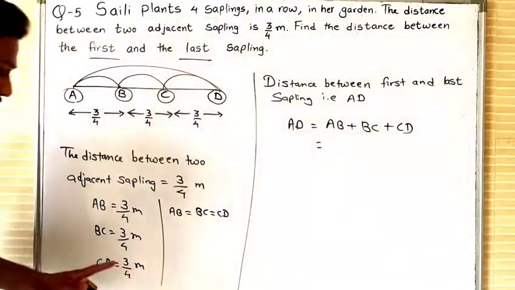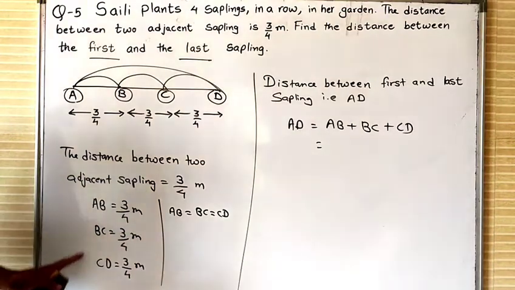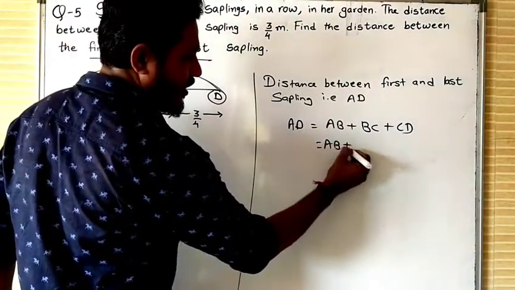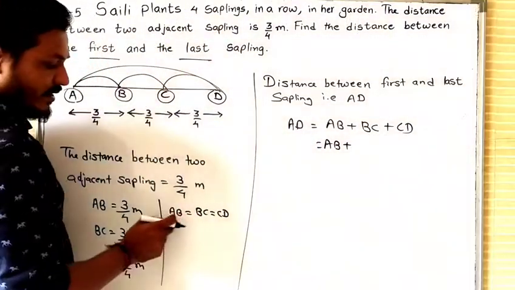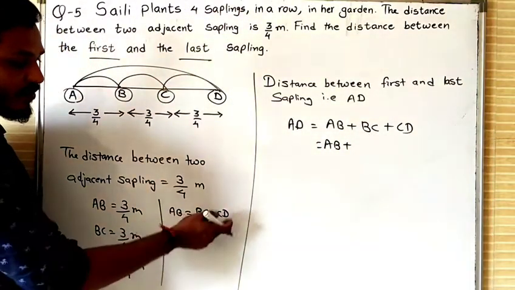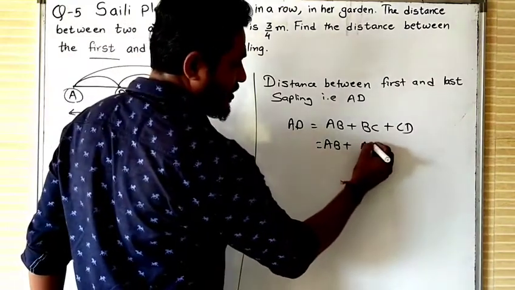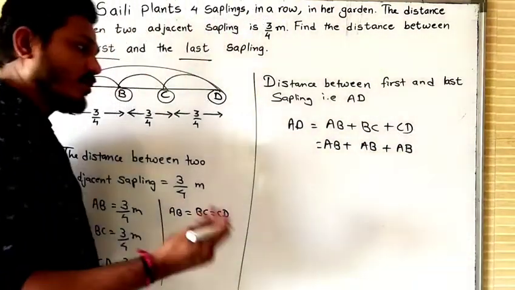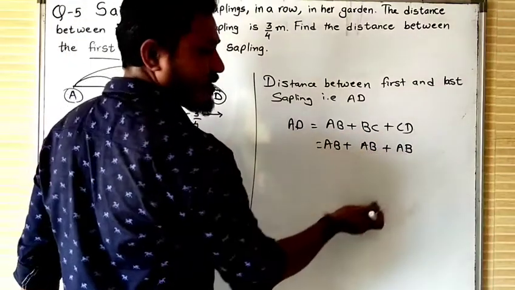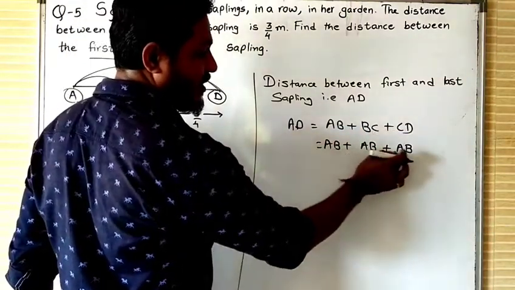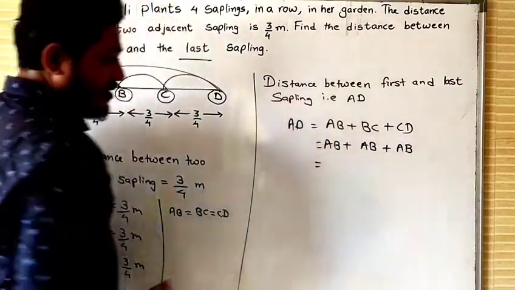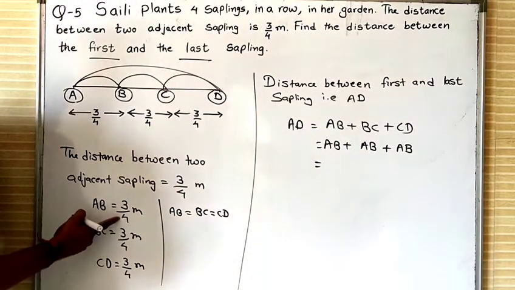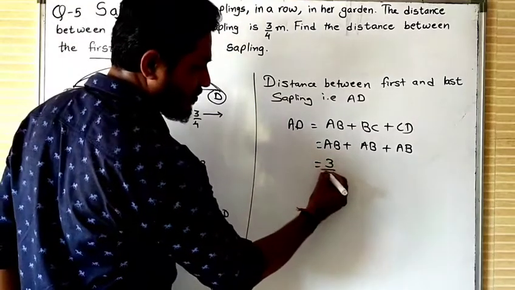Now here we found that the distance between all the saplings are equal. So in place of BC we can write AB, or in place of CD we can write AB, because the distance between all the saplings are equal. Now the distance of AB, that is A to B, is 3/4 meter.